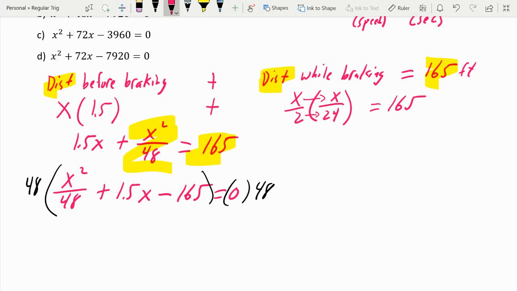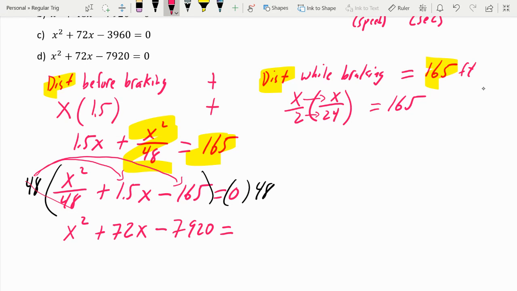And what happens here? Those 48s cancel, and I'm left with x squared. Now I still have to distribute that 48 to the 1.5. So 48 times 1.5 is 72x. And then 48 times 165, that's a big number.